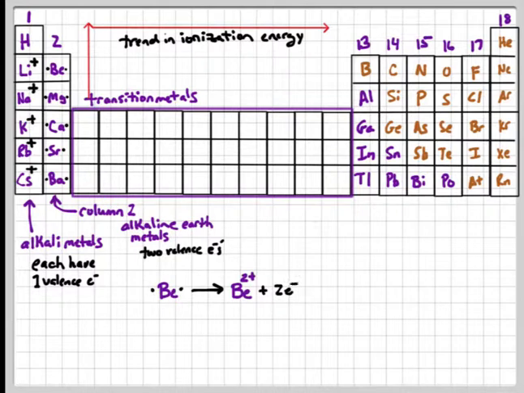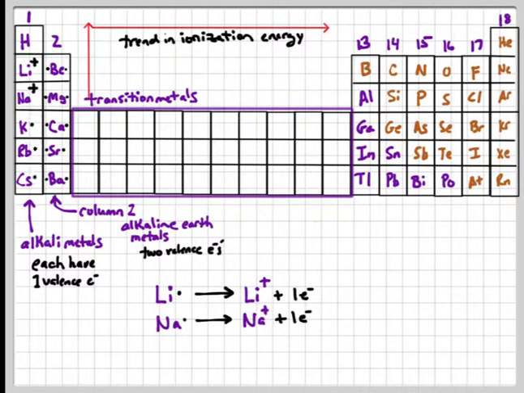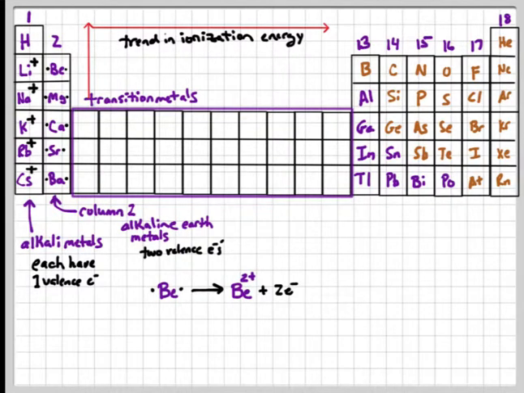Beryllium with 2 valence electrons can lose up to 2 electrons to form beryllium 2 plus, as shown here. And of course, adding that to the periodic table here, we'll remove those 2 valence electrons. And we remove 2 electrons.